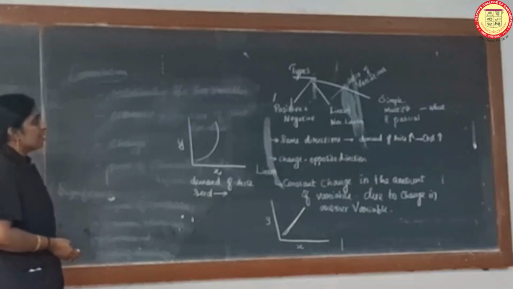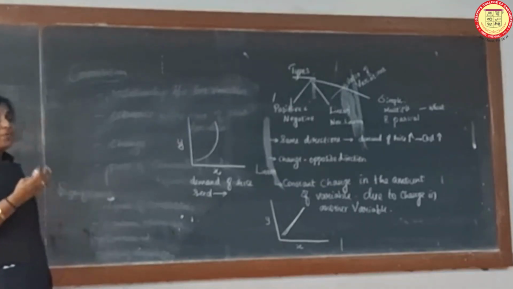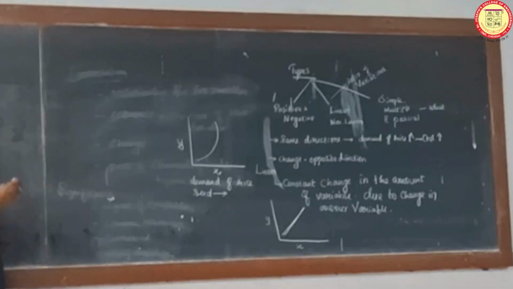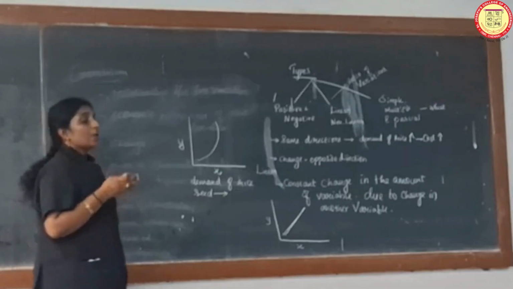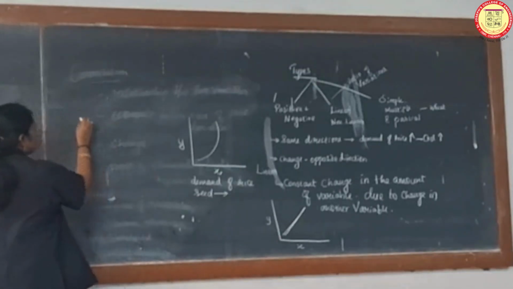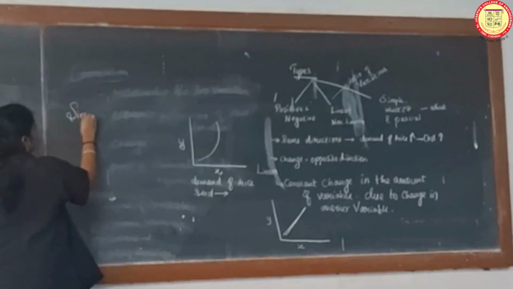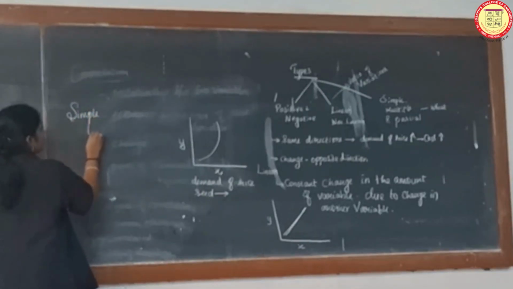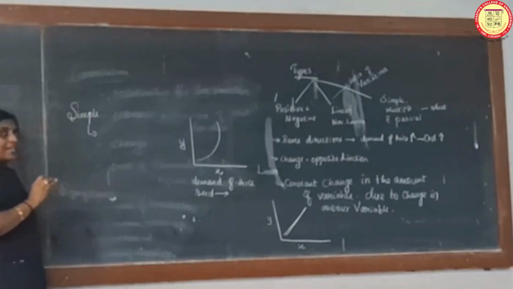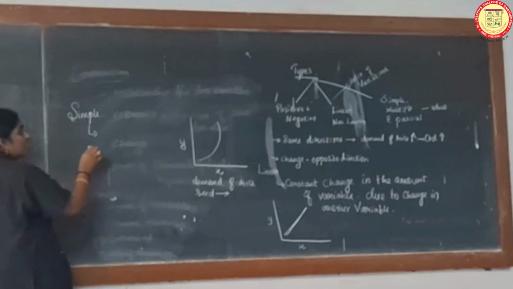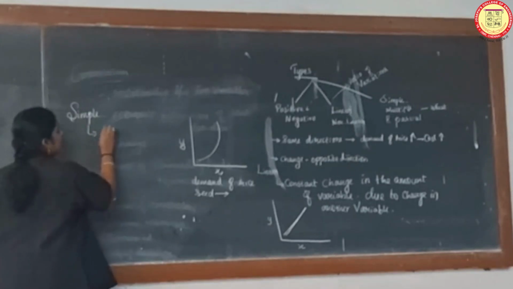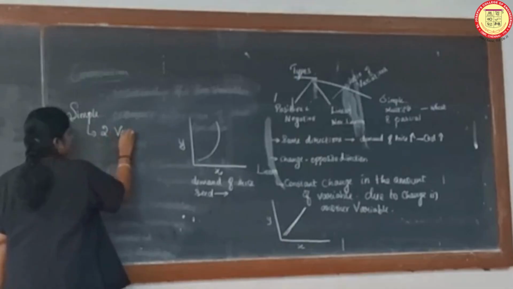And the next type, which is based on the number of variables we are using, can be classified as simple, multiple and partial. Suppose simple means what? If you are using only two variables, and we calculate the relationship between only those two variables, that correlation is called a simple correlation.